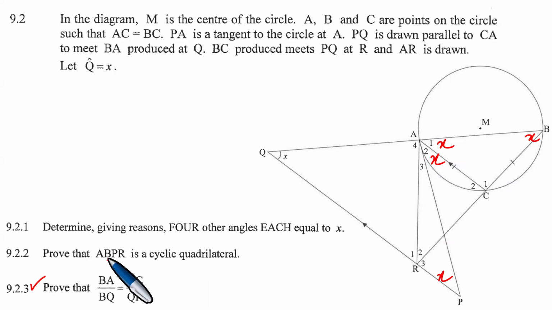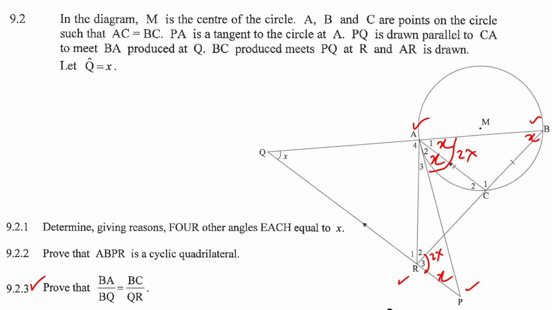So if you look at the ABPR, for example, there are too many things we can state here. As a matter of fact, this angle here is twice X, and therefore this one is also twice X, like this.